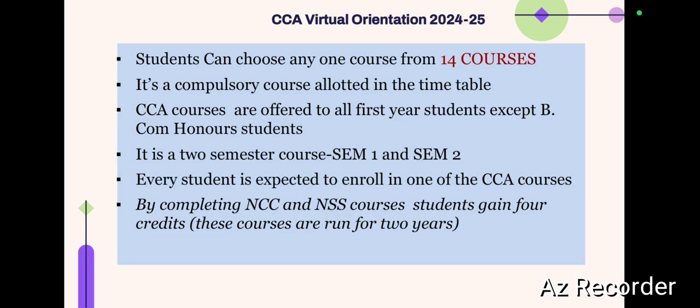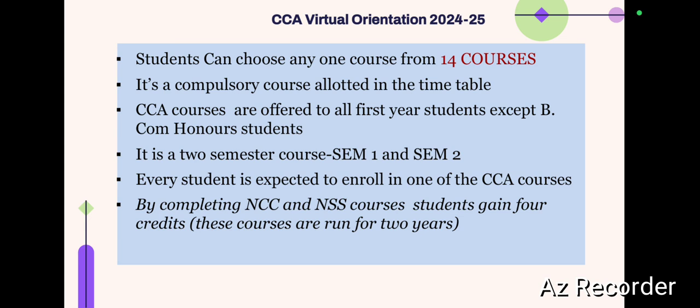So coming to the orientation process, the students can choose any one out of the 14 courses that are offered in this academic year. It's a compulsory course allotted in the timetable, and these courses are offered to all the first year students except BCom honors students.